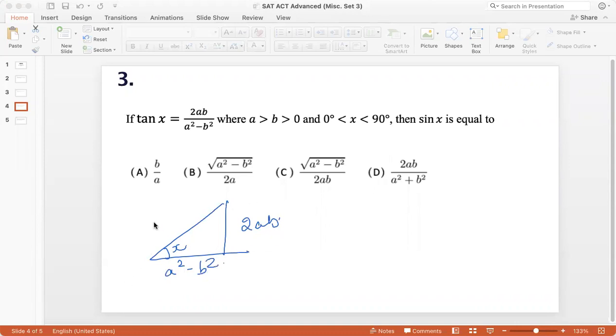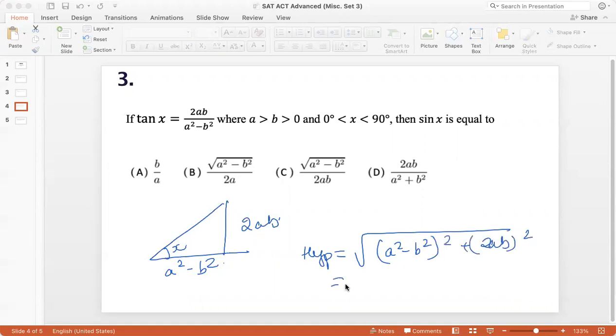So by Pythagoras theorem, the hypotenuse will be the square root of (a squared minus b squared) the whole squared plus (2ab) the whole squared. So the square root of a to the power 4 plus b to the power 4 minus 2a squared b squared plus 4a squared b squared.